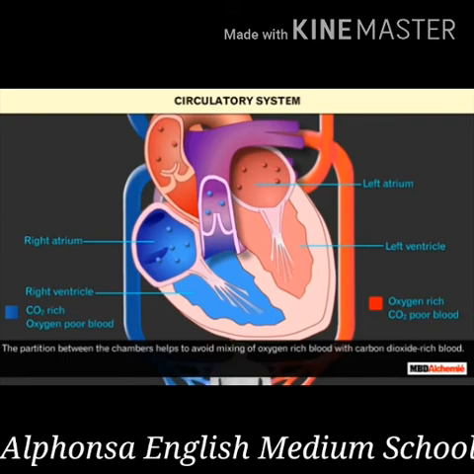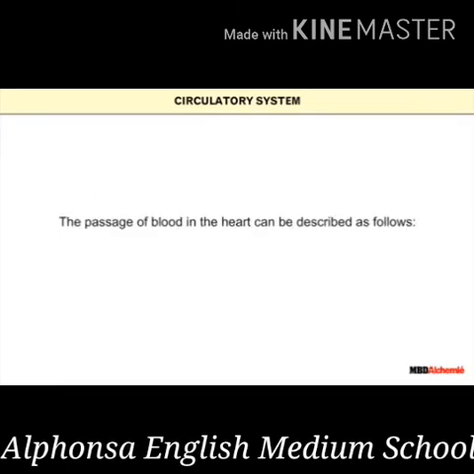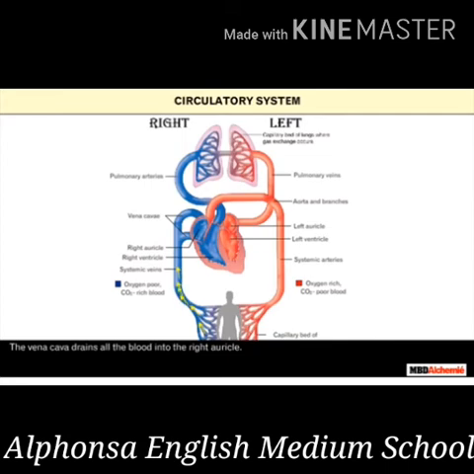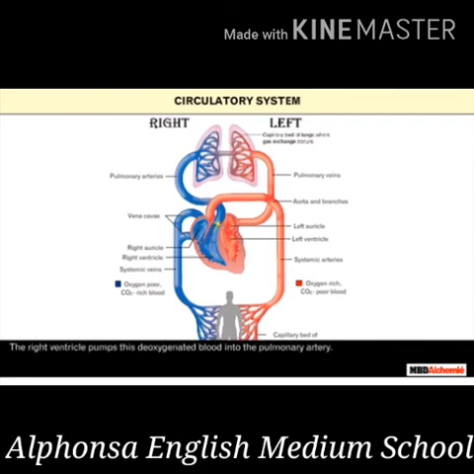The passage of blood in the heart can be described as follows. The veins carry deoxygenated blood from different organs and drain the blood into the main vein called vena cava. The vena cava drains all the blood into the right atrium. The right atrium contracts and pushes the blood into the right ventricle. The right ventricle pumps the deoxygenated blood into the pulmonary artery.